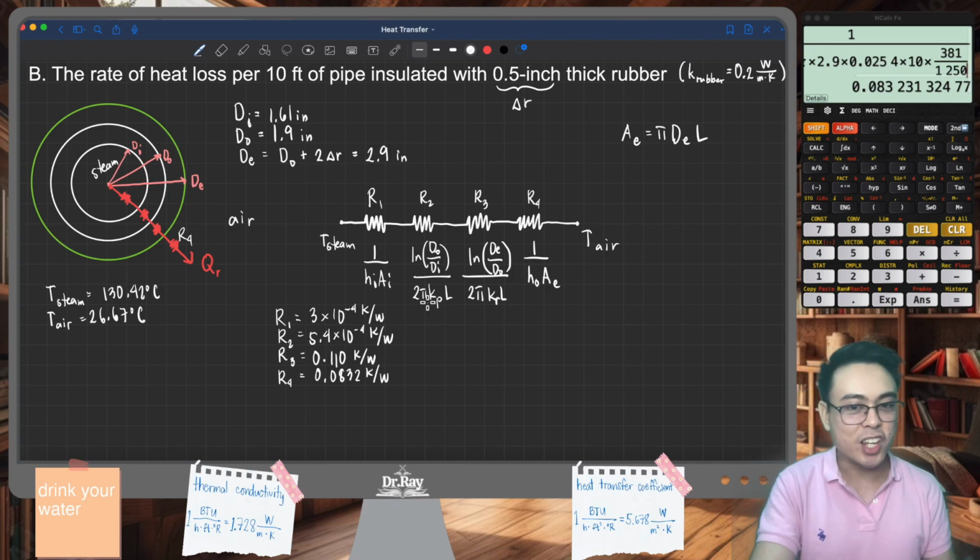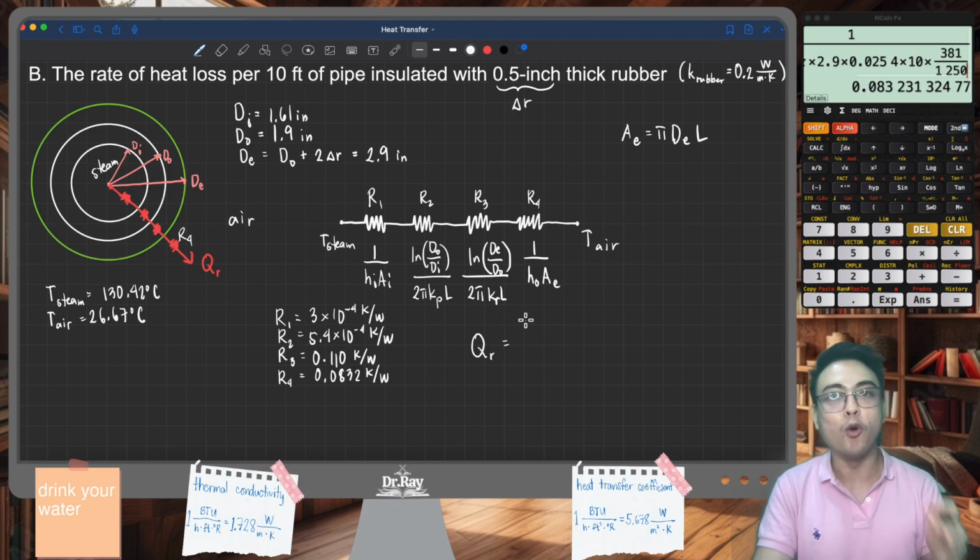But what hasn't changed is how we calculate for the rate of heat transfer, Q sub R, that is still driving force over resistance. Now, there was a bit of change in our diagram because we added another resistance, but I'm still looking at end to end. The first one is temperature of the steam. The last point is the temperature of air.